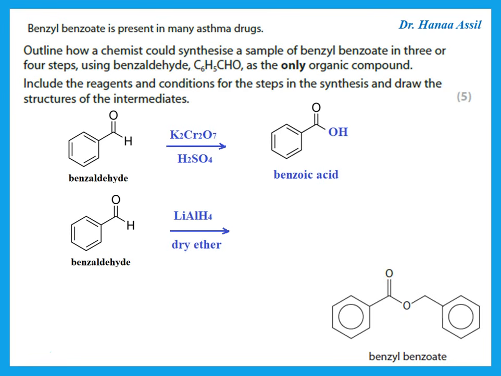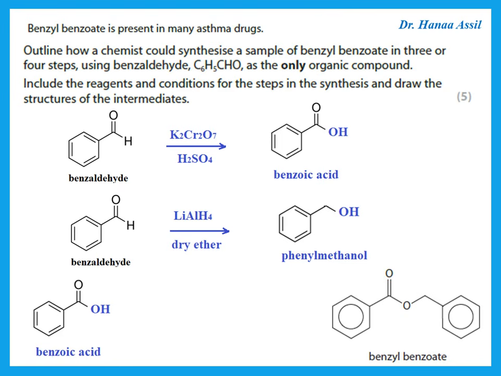So I have to change this benzaldehyde to that other product that I'm trying to make. Lithium aluminium hydride in dry ether will change the aldehyde to alcohol. And then this benzoic acid reacted with the alcohol in presence of concentrated sulfuric acid. So this is basic esterification, will give me the benzyl benzoate. Are we okay with this?